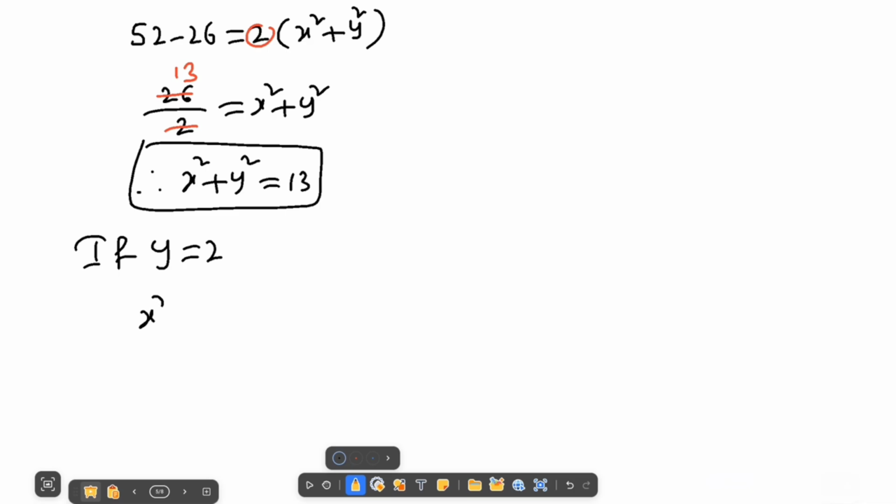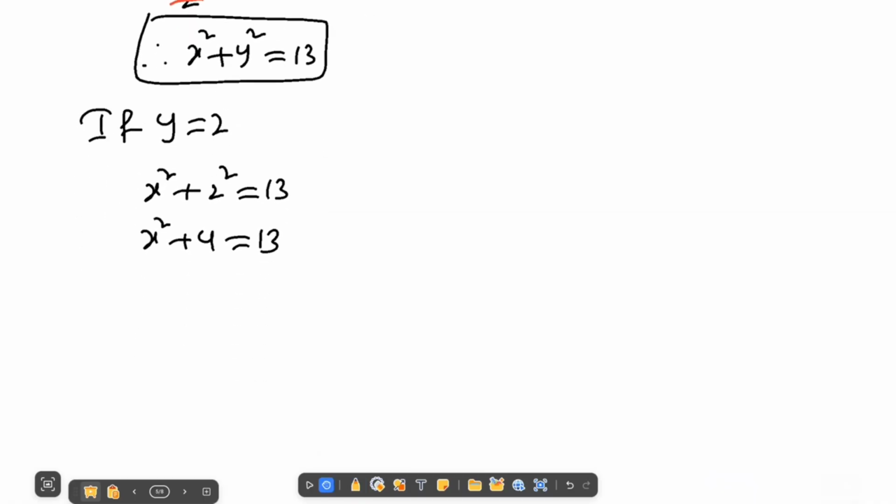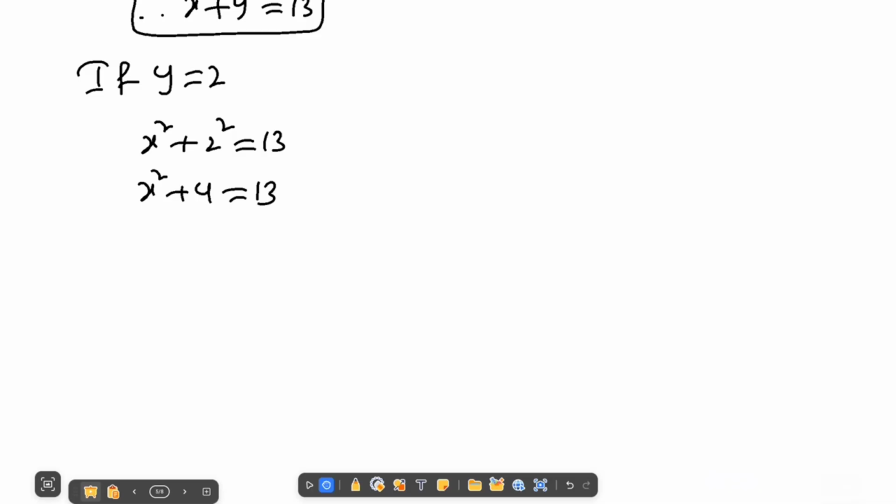Let's substitute: x square plus 2 square equals 13. 2 square is 4, so send 4 to the right side. x square is equal to 13 minus 4, so x square is equal to 9.